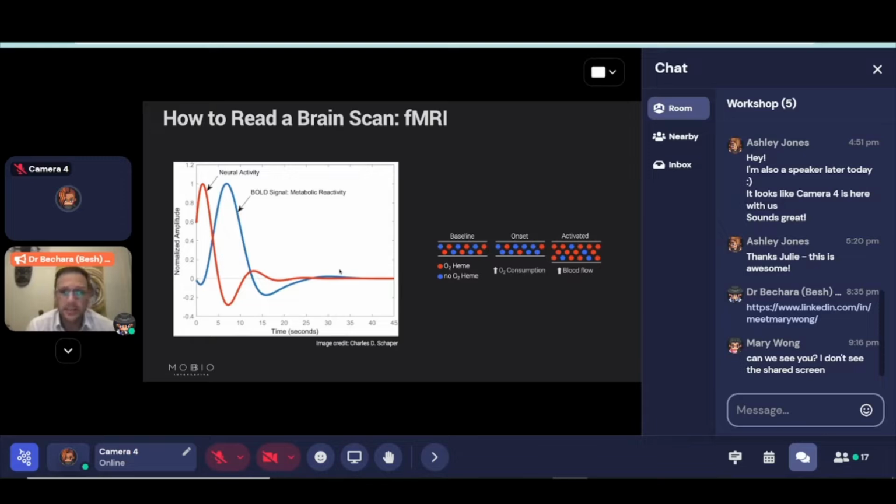The point is that you can dynamically control how much oxygen and blood and supplies are going to different regions of the brain in a relatively rapid manner. The time course here is only a few seconds. This allows us to peer into the brain and examine what areas are becoming active or less active over time.